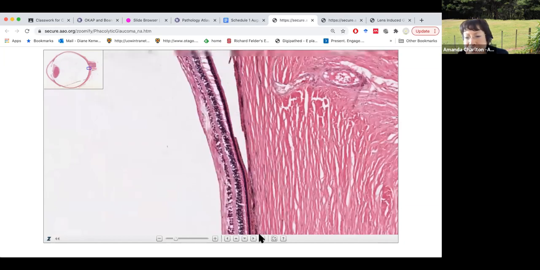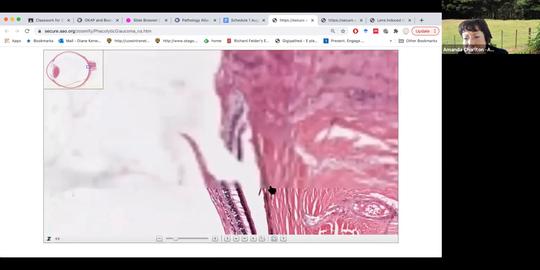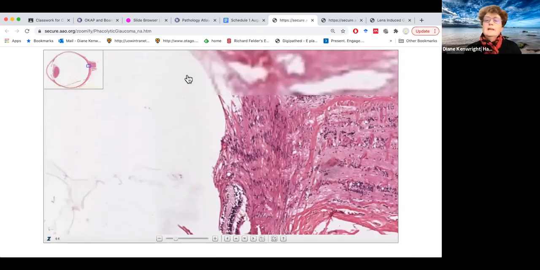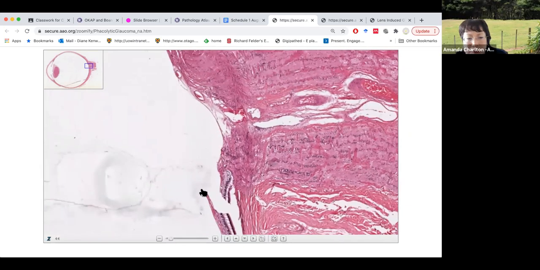Thinking of glaucoma, it's vaguely cup shaped, a kind of shallow cup depression. And Jan, that's not retinoschisis, that's an artifact in the retina, the white space. Okay, good. Let's move on.